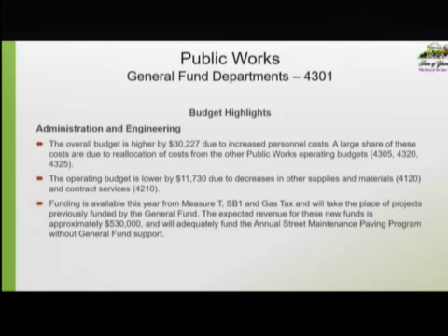I think the biggest thing to note for us in Public Works this year is the funding that's going to be available from Measure T, SB1, and the gas tax. That will take the place of projects funded entirely by the general fund in the past. Expected revenue is somewhere in the order of $530,000 from these funds.